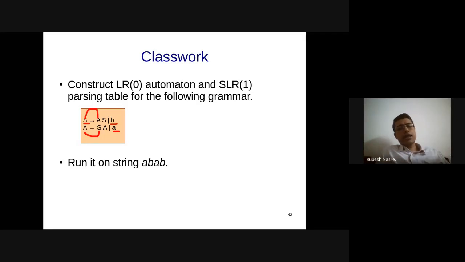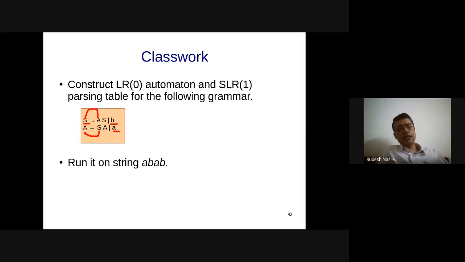Apart from that, since I have S deriving dot AS, I have not yet derived from capital A, and therefore A deriving dot SA and A deriving dot A would also be additional non-kernel items. So therefore there are going to be all 5 items in this state.